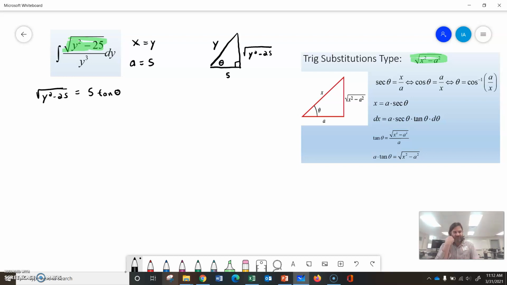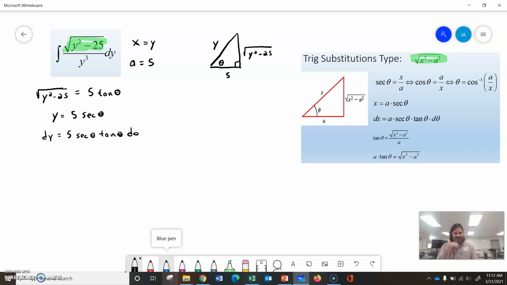And then we also have a y cubed, and y would be the same thing as x over here. So we can say that y equals a secant, that'll be 5 secant. And then our dy has got to go to d theta somehow. So that'll be a secant tangent. So that's 5 secant theta tangent theta d theta.